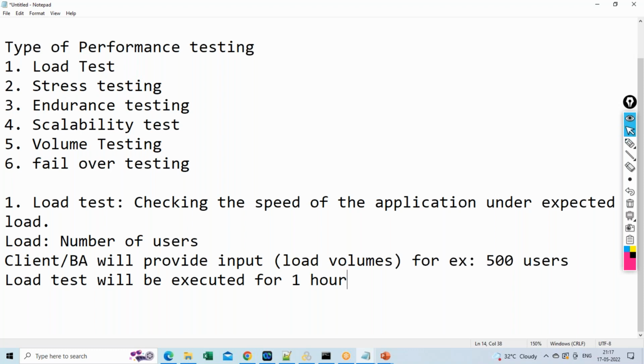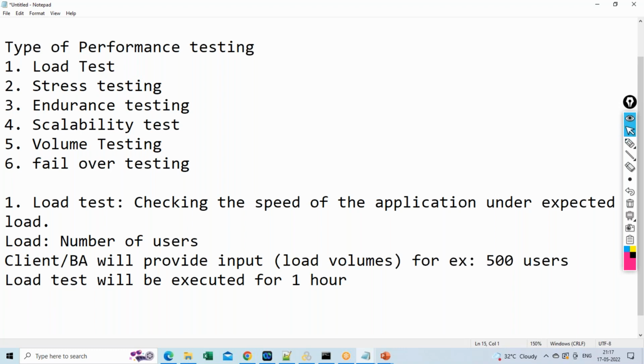And in that 1 hour you should analyze how the application is responding with the expected load. So always remember, load test will be executed for 1 hour only. You cannot execute a basic load test for 10 hours or 20 hours. That's a different kind of test. But the load test will always be executed for 1 hour.